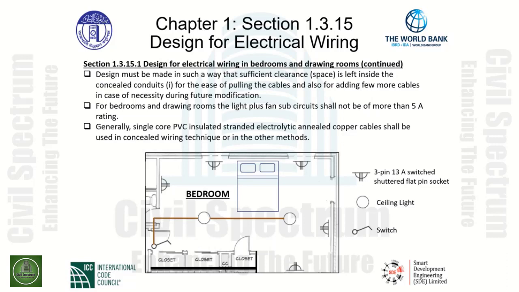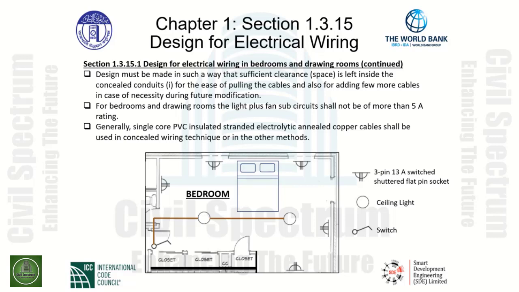The design must be made in such a way that sufficient clearance or space is left inside the concealed conduits when we run these circuits to the bedroom, drawing rooms, and living rooms. This is for the ease of pulling the cables and also for adding a few more cables in case of necessity during future modification.